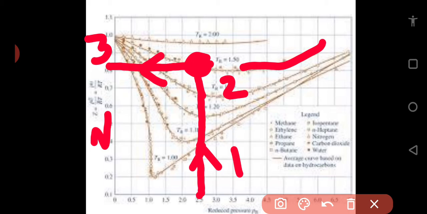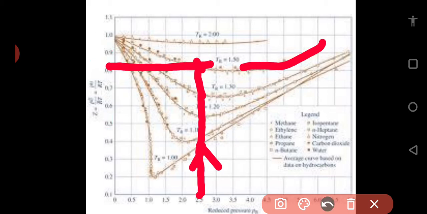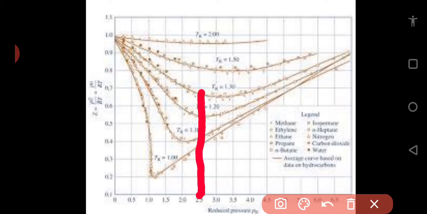Then I go to the left, where this axis is the compressibility factor Z. So this is 1, the intersection point is 2, and this is 3. This way you can find the compressibility factor, that is the value of Z.